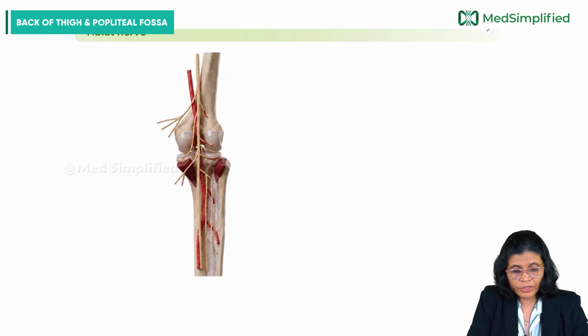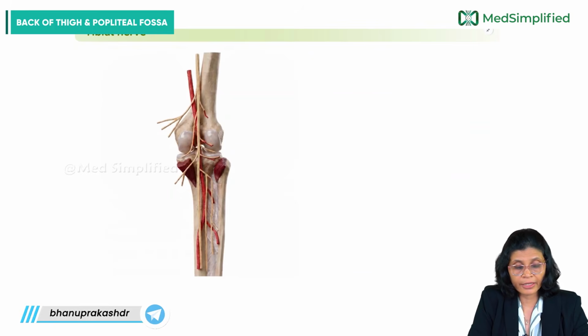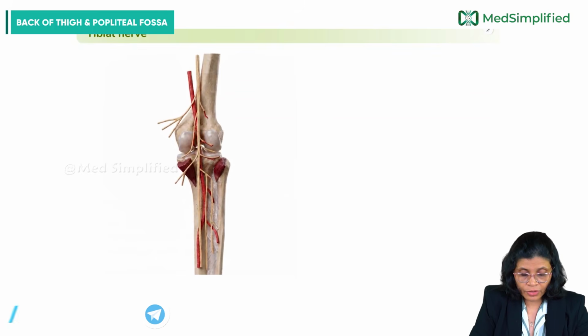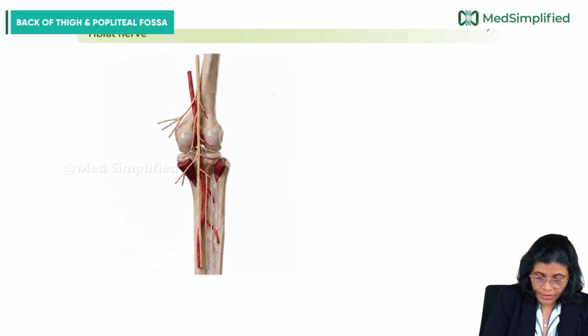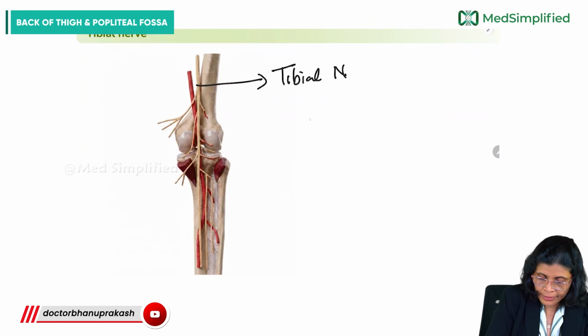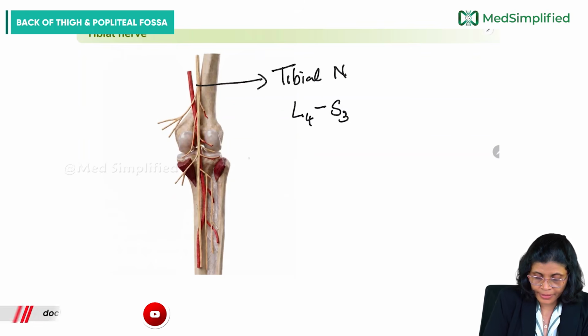The muscular branches mainly supply the heads of the gastrocnemius, the soleus, plantaris and popliteus muscle. The nerve originates at the superior angle of the popliteal fossa, and the root value is L4 to S3.